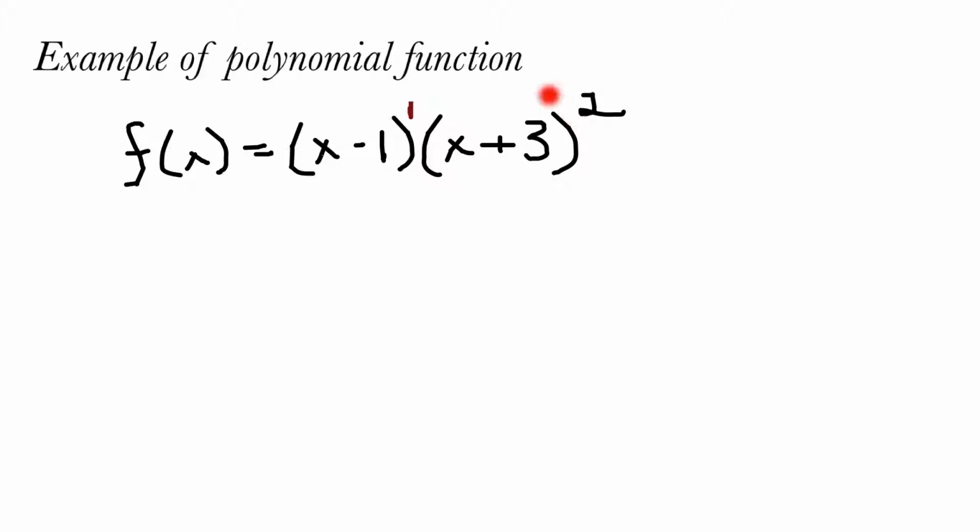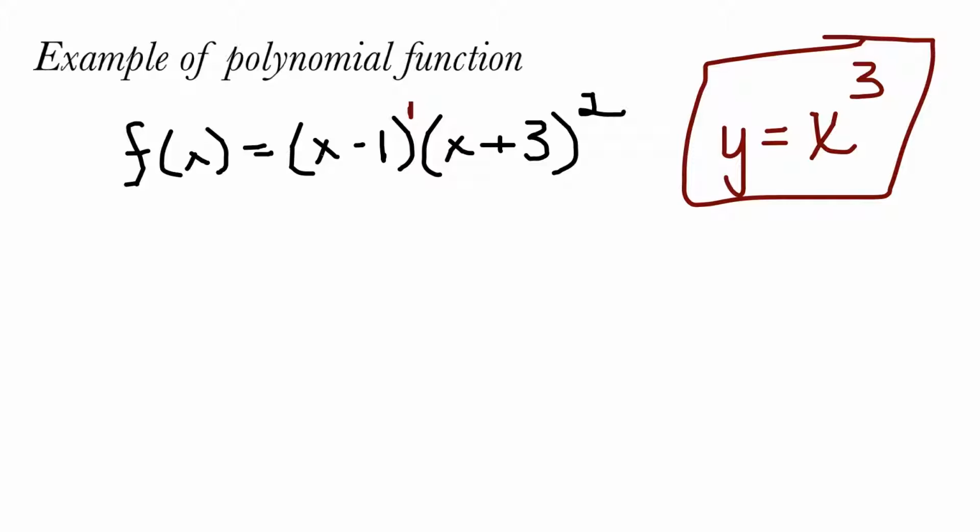So this part has a degree of 2, and if I multiply that with this one with a degree of 1, I end up with an x cubed. This is important because that means the power function that this is similar to is x cubed, and I'm going to have a similar sort of end behavior as x cubed.